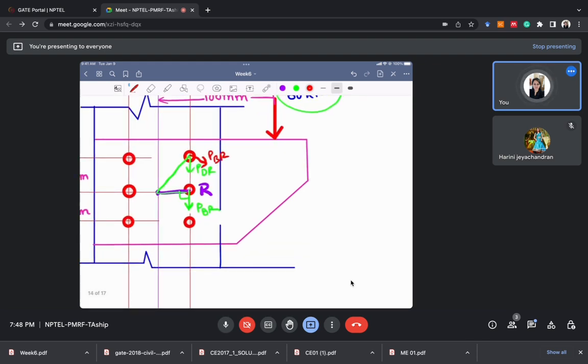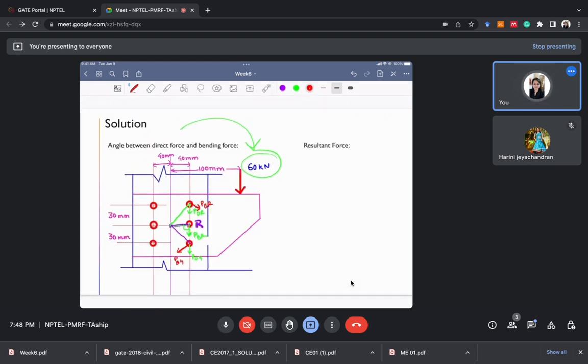For this bolt, direct force will always be downward. Let's call it bolt 4 for this case. PD4 will be like this, and PB4 will be like this. It will be perpendicular to this line, and its direction will be such that it is rotating the system in clockwise direction. So it is PB4.